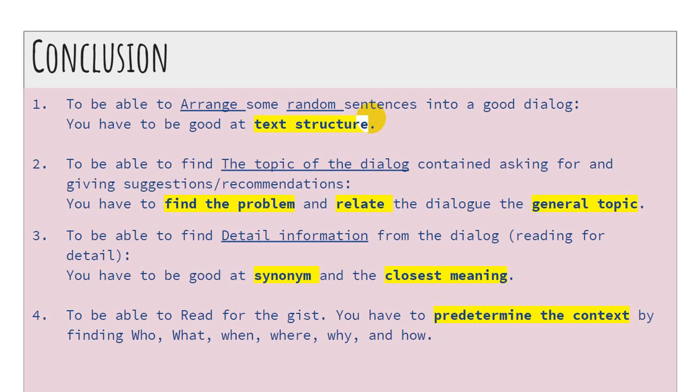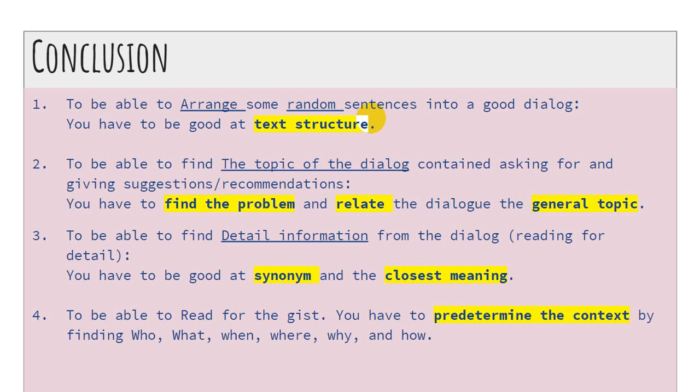Like, you have to be good at identifying the problem, asking for and giving advice or suggestions expressions, describing situations, and also responding to giving advice. And then you have to be able to put them in the right order.